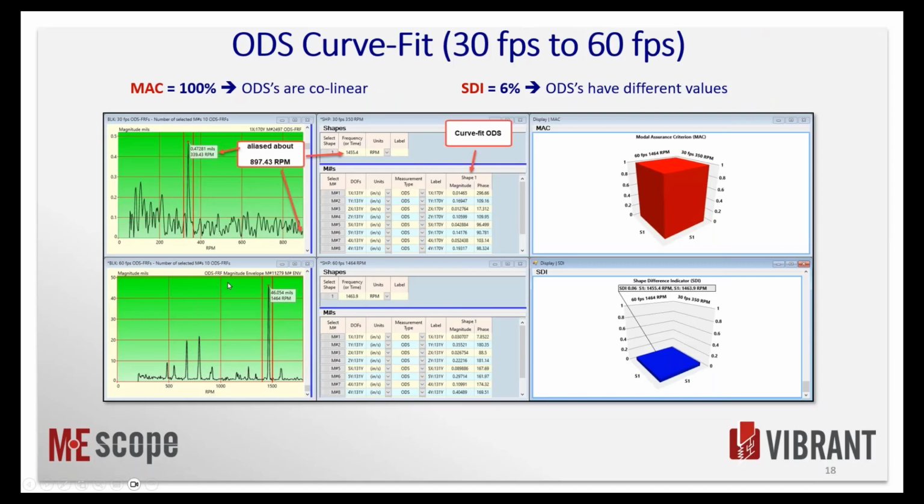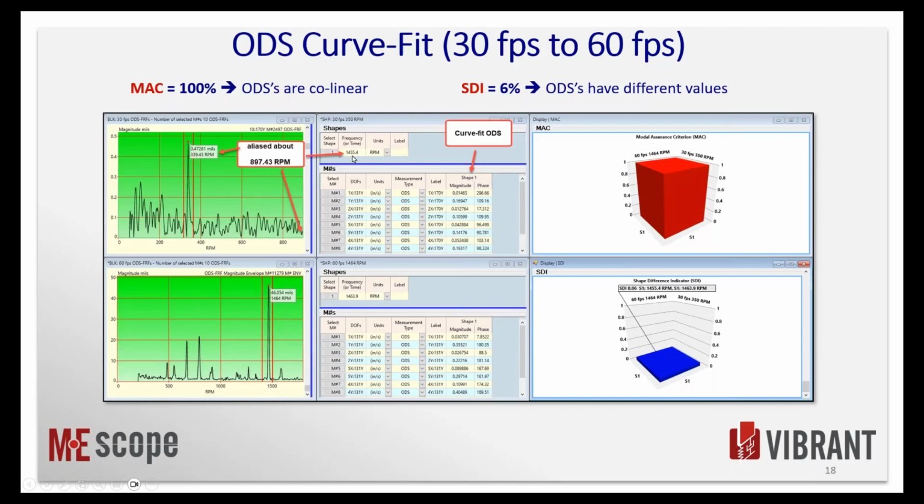Now what we're going to do is actually extract the ODS data from the ODS-FRF measurements. And here, I've already been talking about this peak at basically 340 RPM that is aliased.